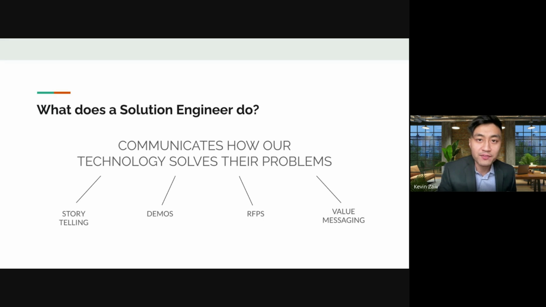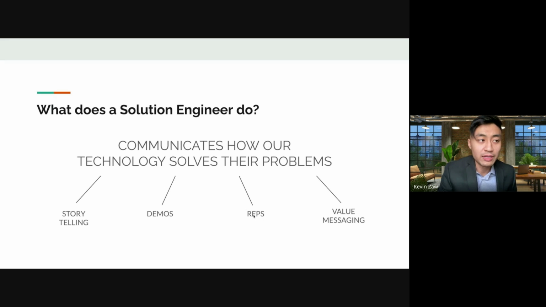Then they're going to send it off to multiple companies that they think can fulfill their challenges with the technology they're selling. So they're going to send it out to Salesforce, Oracle, Microsoft, and they're going to receive back answers on how the technology those vendors have can solve their problems.